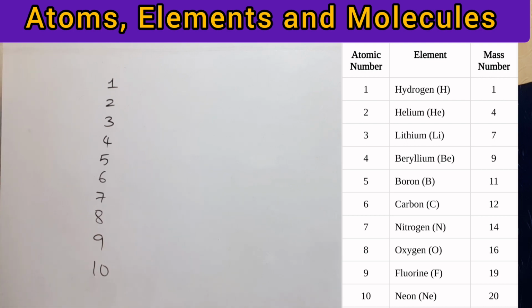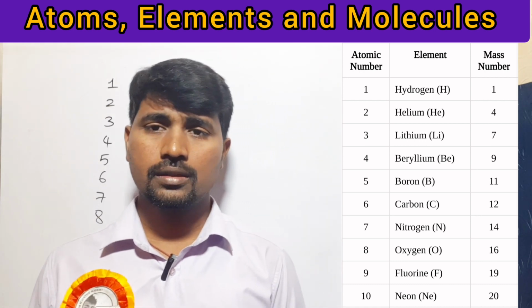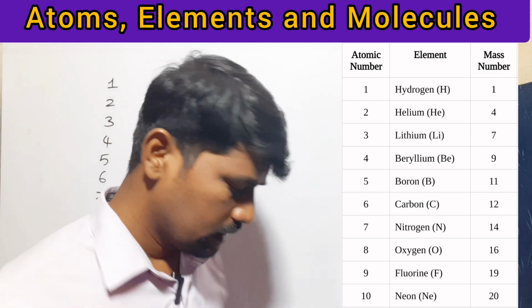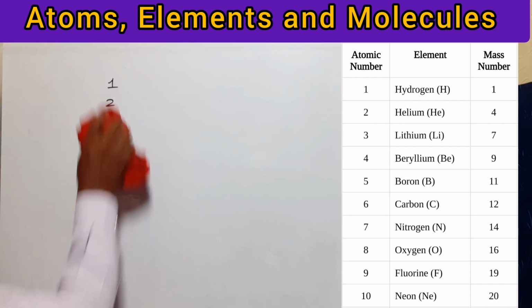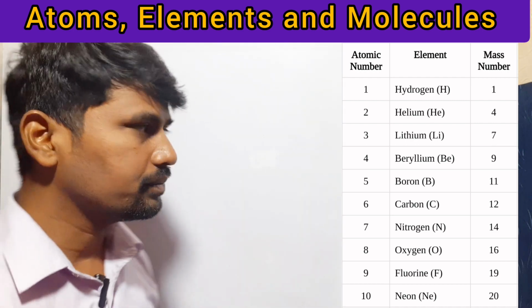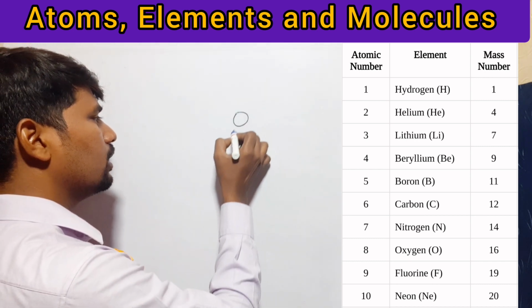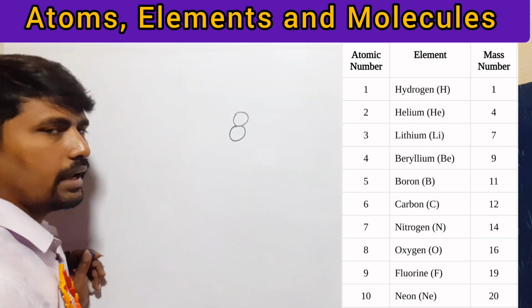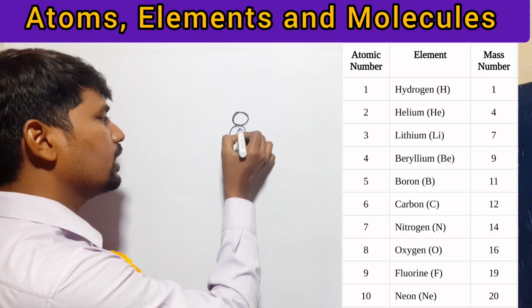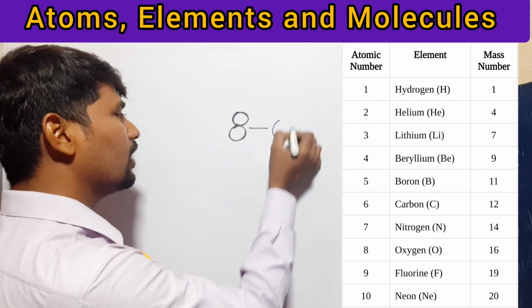Logically, for memory-based questions, a very simple trick is to make some relation between the letters and the symbols of the elements. For example, in the digit 8 there is an O, and O is oxygen. So fix 8 for oxygen.